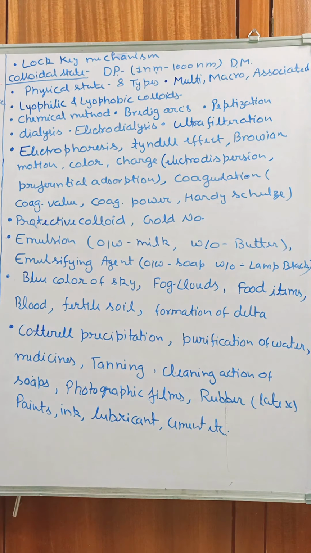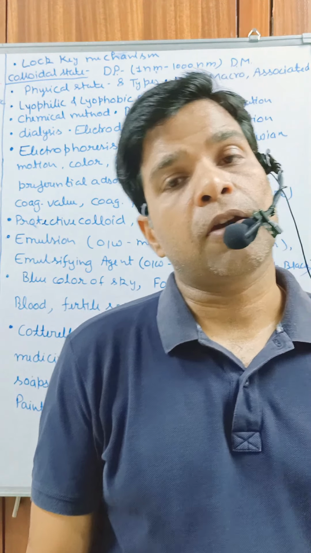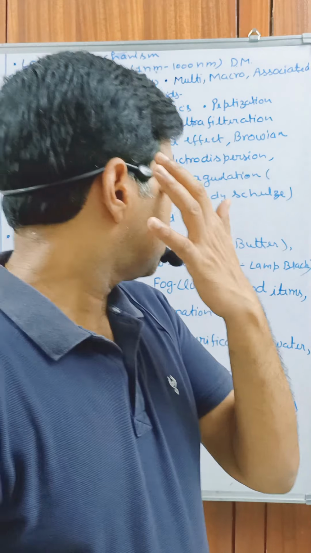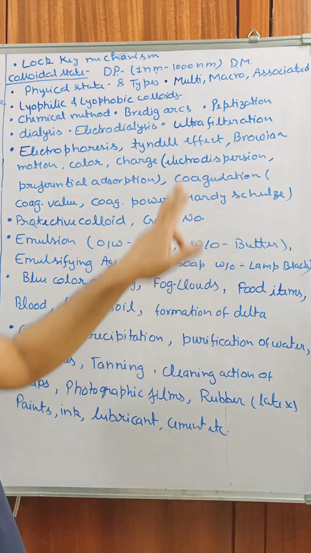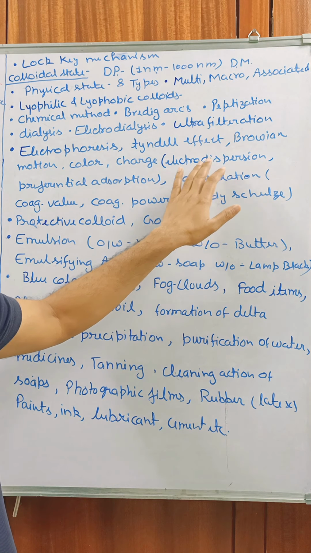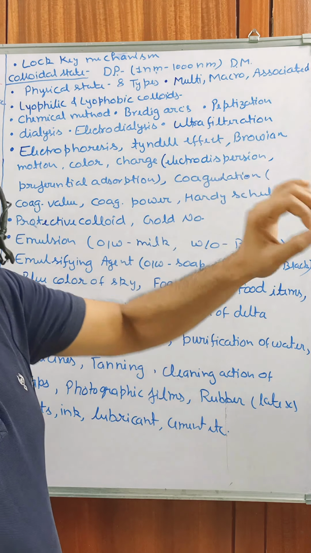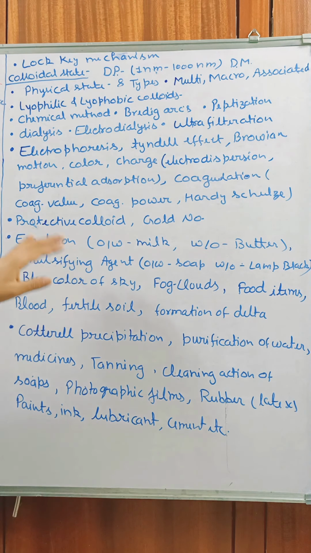The next property of the colloidal system is electrophoresis. What is electrophoresis? All colloidal particles are always charged in nature. The charge may be due to electrodispersion, that is the adsorption of electrons by the metal during electrodispersion, or maybe due to the preferential adsorption theory.